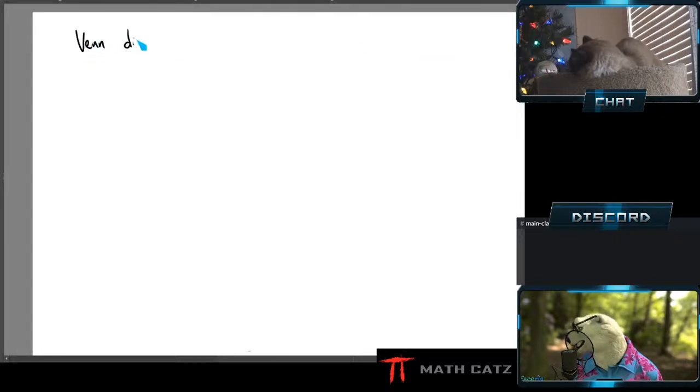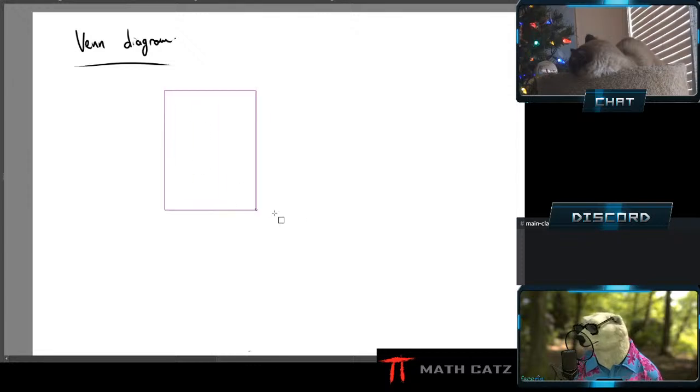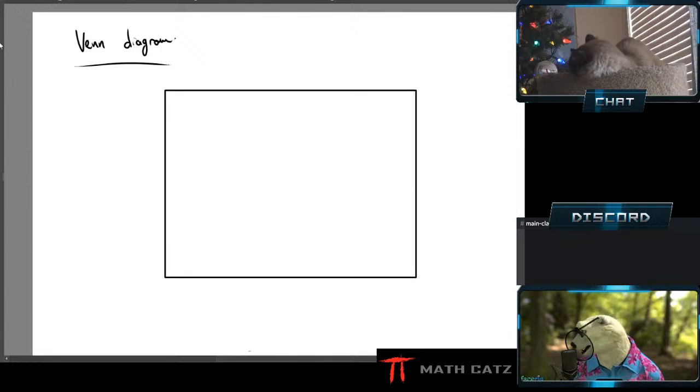By way of a Venn diagram, we can visualize sets very nicely. I'm going to have a rectangle. That rectangle represents everything universal. There is nothing outside the rectangle. Every possible element you can make in the context of whatever you're looking at is in here.